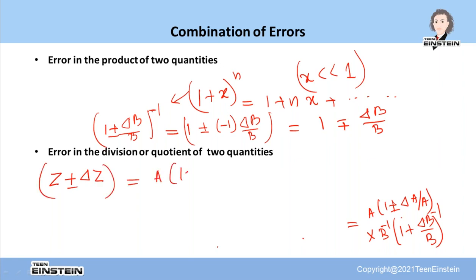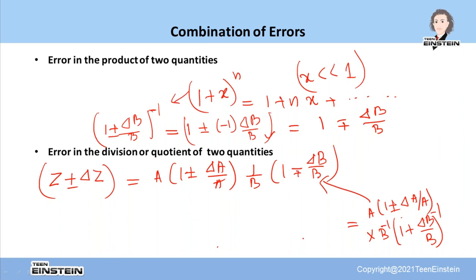You have, this is a into 1 plus or minus delta a by a, and into 1 by b, b inverse means, and this I have already approximated, so I'm writing minus or plus delta b by b.